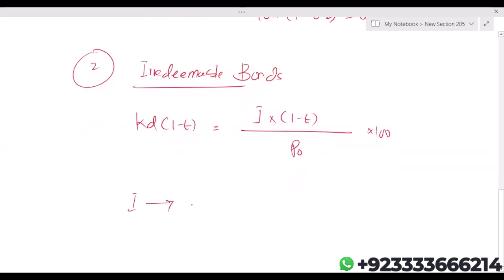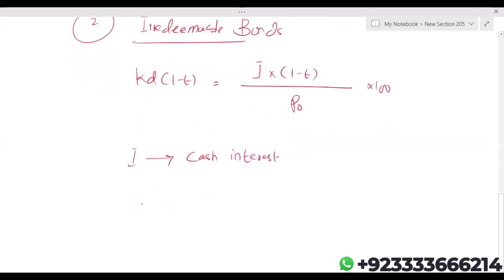This I is simply the cash interest. Now, how do we calculate cash interest? Simply take the coupon rate, which is the rate written with the bond, and multiply by the par value. If par value is not given, then we always assume par value is 100. So simply coupon rate times par value will give you cash interest.